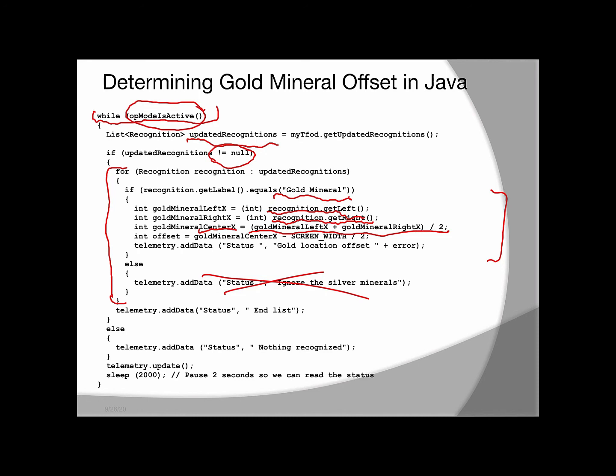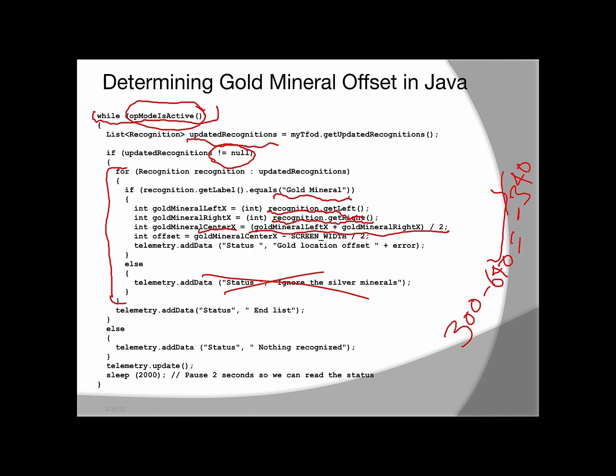Now once we've computed that average, say that average is 300, we can subtract the center of the screen, which we have decided is 640. And once we subtract that, we're going to get a value of minus 340, I think. Okay, so what does that tell us?